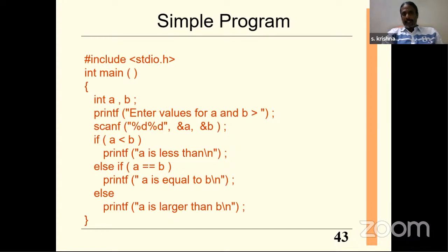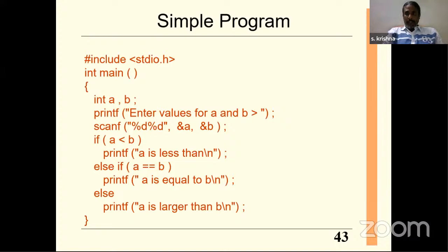Did anyone try them at home? Did you check the functionality of scanf, printf, the semicolon? See, the semicolon is not there. What will happen if you put a semicolon here? All this has to be done by you. That is how programming has to be learned. You have to do a little bit of experimentation by yourself.